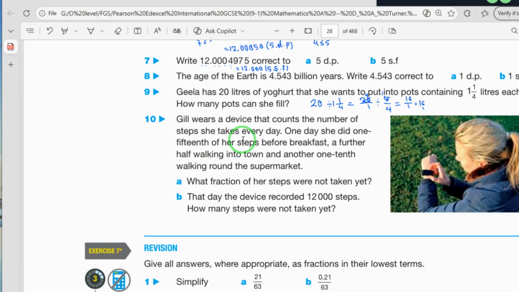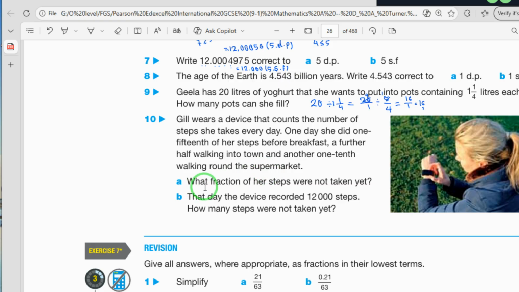Question number 10 said that Jilla wears a device that counts the number of steps she takes every day. One day she did 1/15 of her steps before breakfast, a further half walking into town and another 1/10 walking around the supermarket.